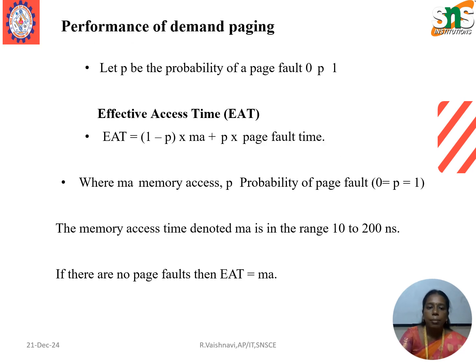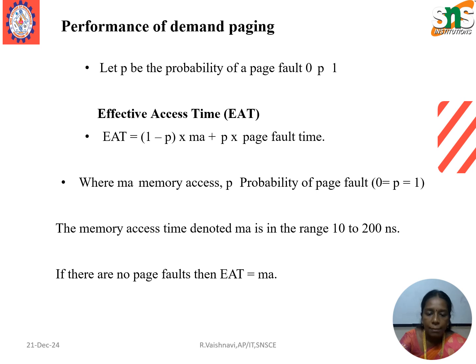Next is the performance of demand paging. Let P be the probability of a page fault, that is 0 ≤ P ≤ 1. Here we have to calculate the effective access time, which is equal to (1 − P) × MA + P × page fault time.